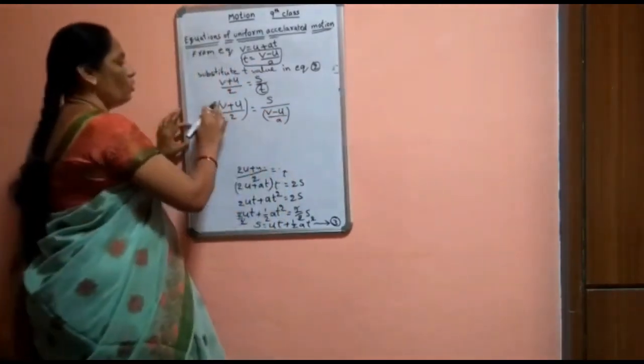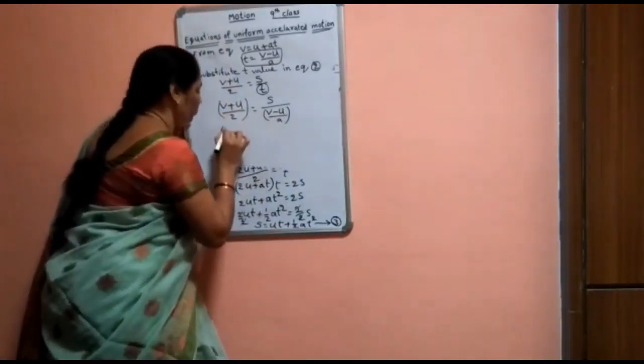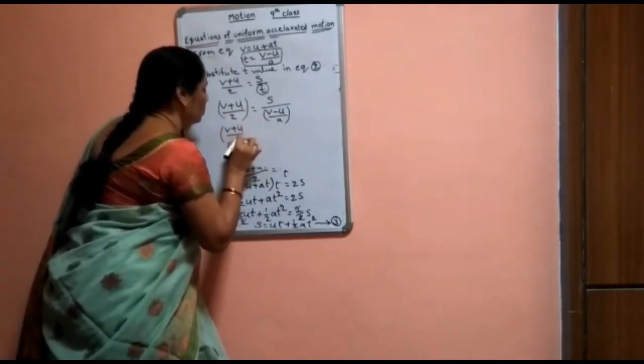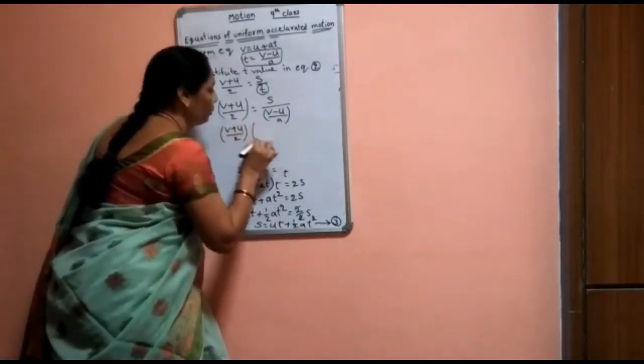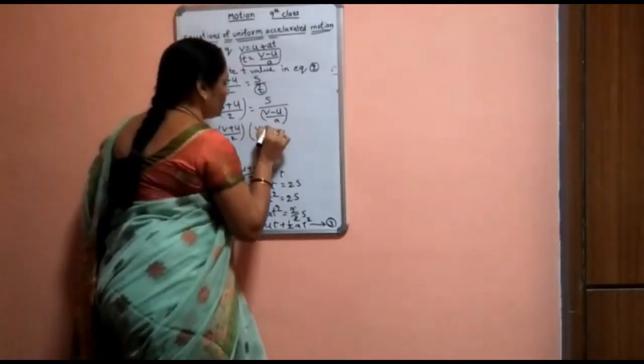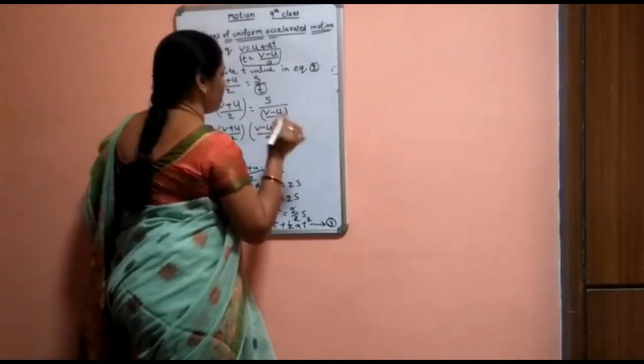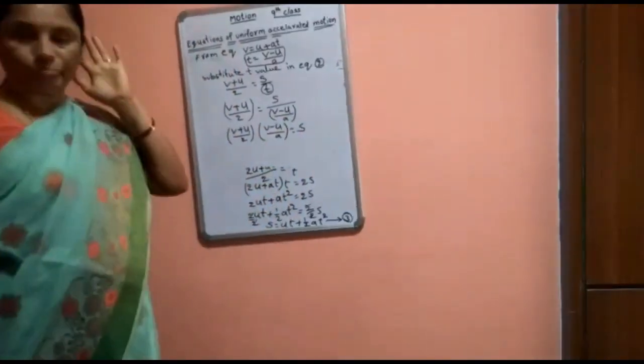So when we take this to this side, v plus u by 2 into v minus u by a is equal to s.